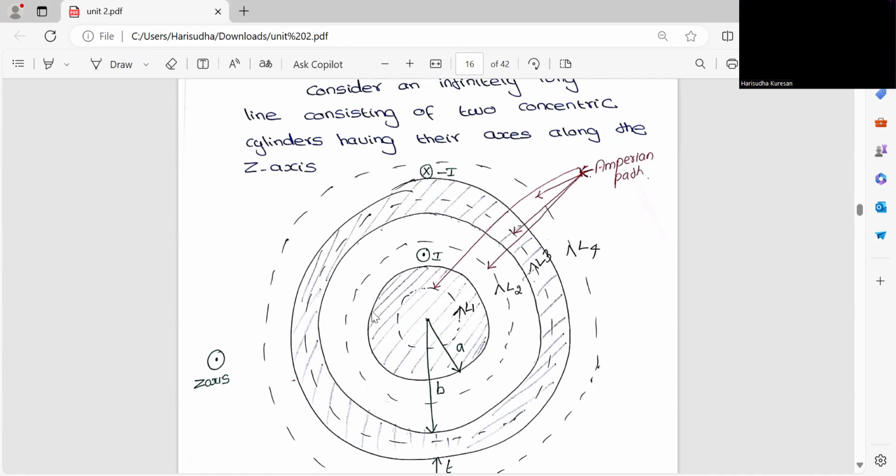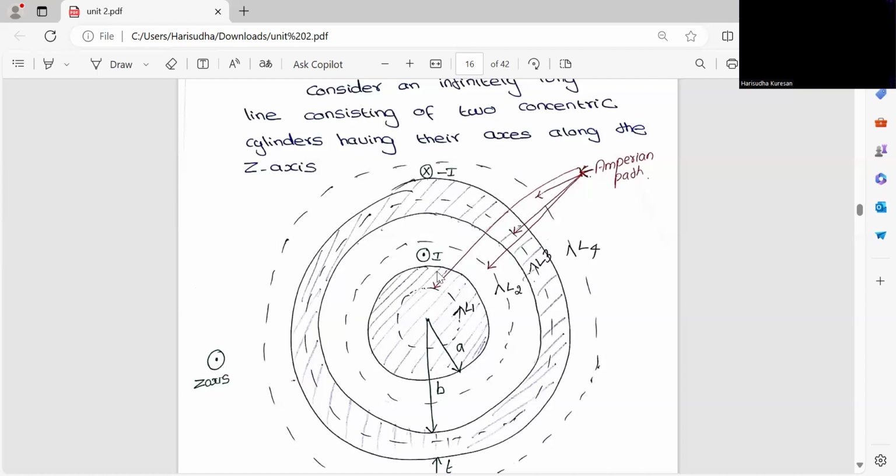So we can see there is an inner conductor which has a radius of A and that carries a current I, while the outer conductor has a radius B and the thickness T, and carries the return current minus I. I'll repeat again.